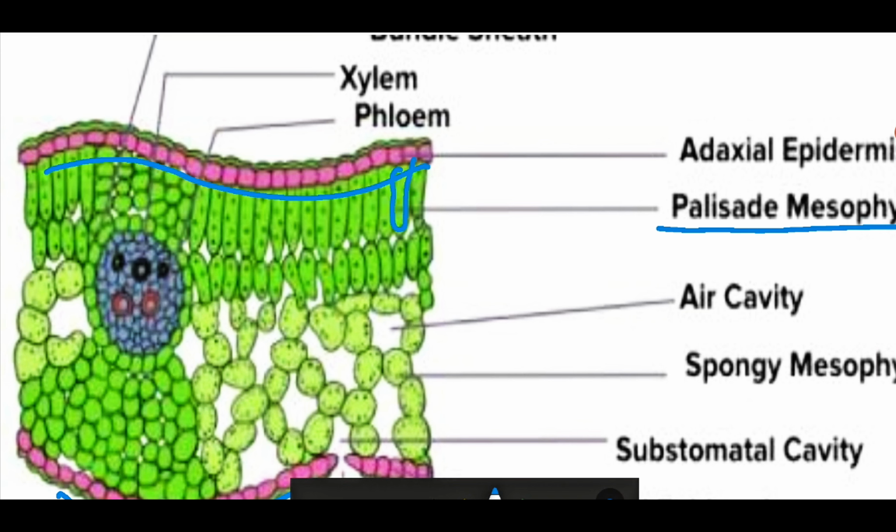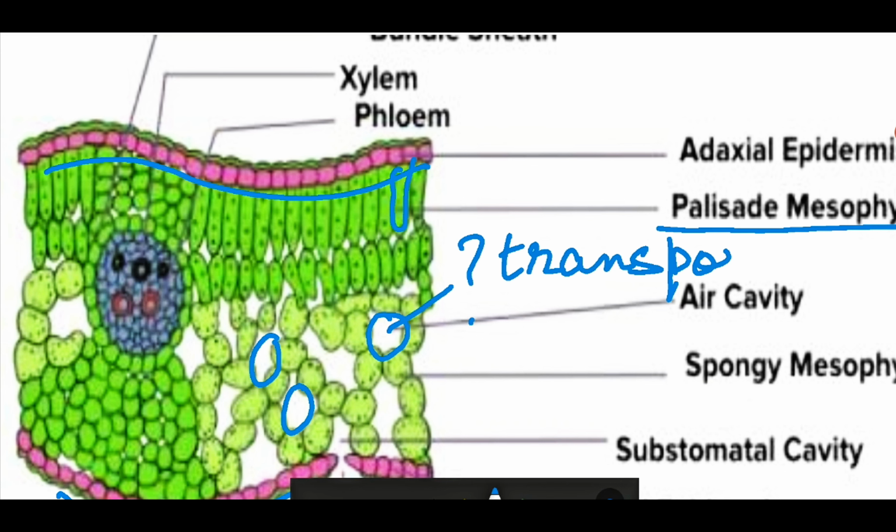And here you will find the air cavities, air spaces, or tubes. What do these do? These air spaces help in transporting water to the leaves.